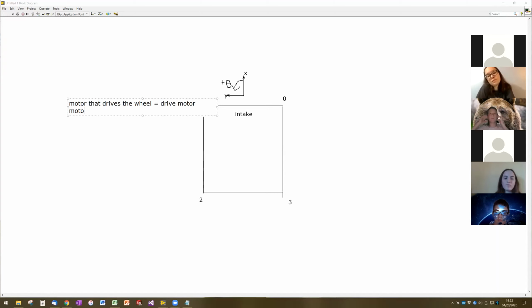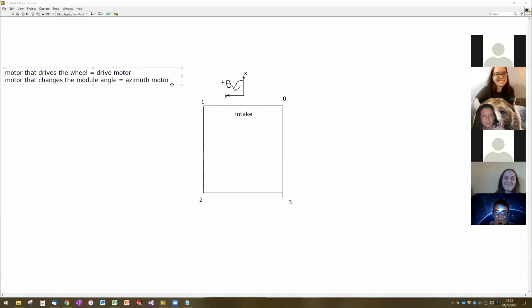It's got the motor that changes the module angle, and we call that the Azimuth motor. I did not make up the word azimuth just to be annoying. Azimuth is a fairly standard term for describing something that rotates in that particular plane. You see it a lot with Swerve drives, you see it in astronomy, you see it in a couple other places. So not made up just for funsies.